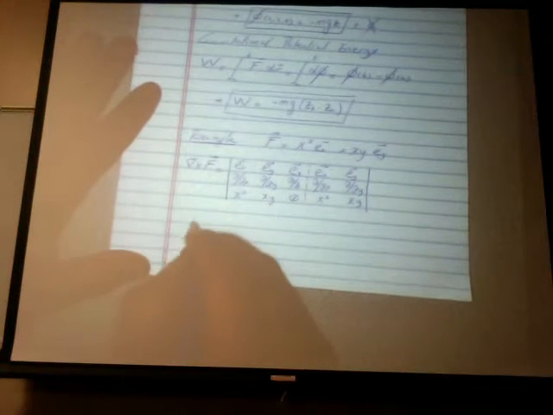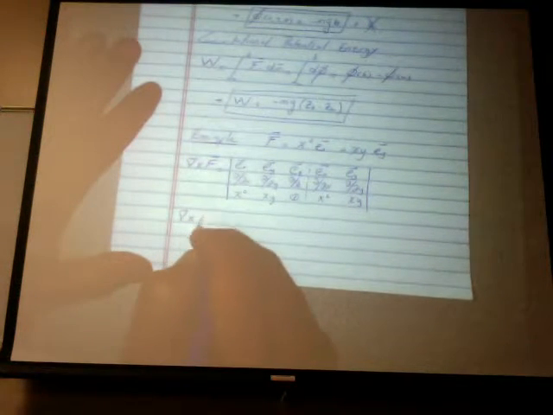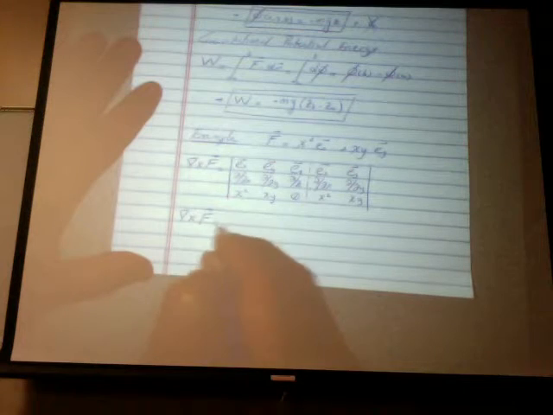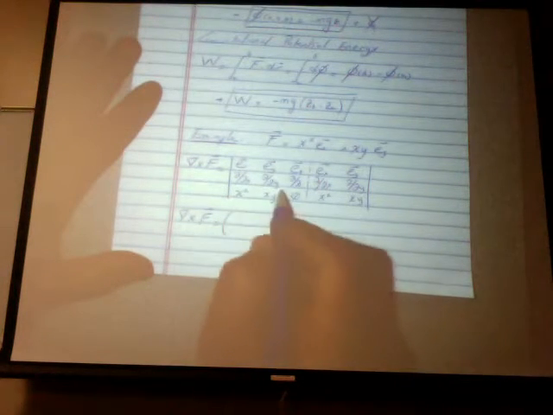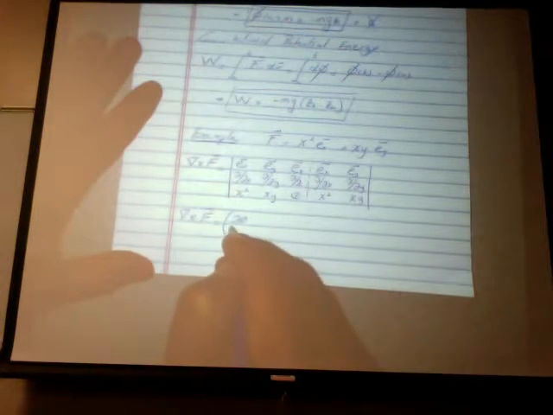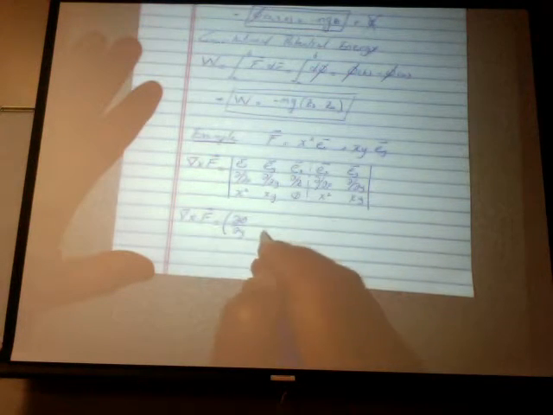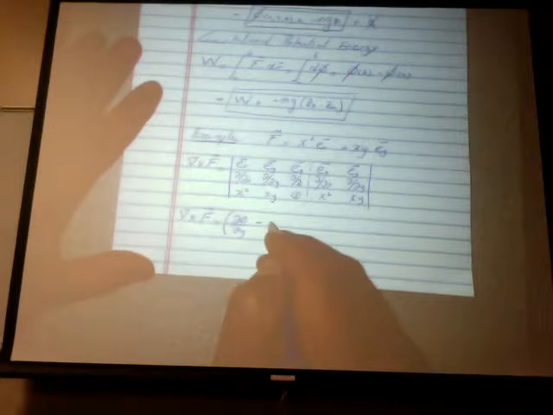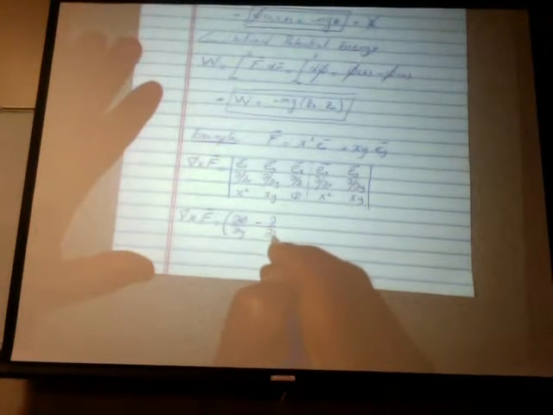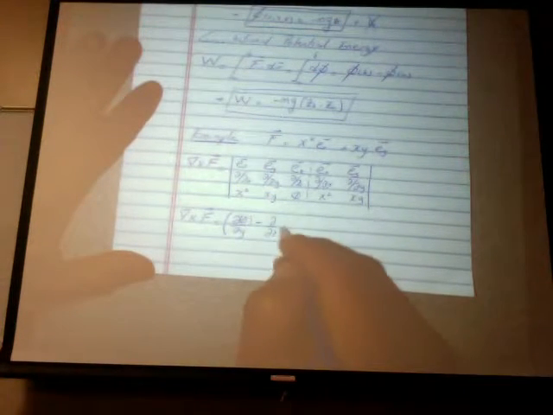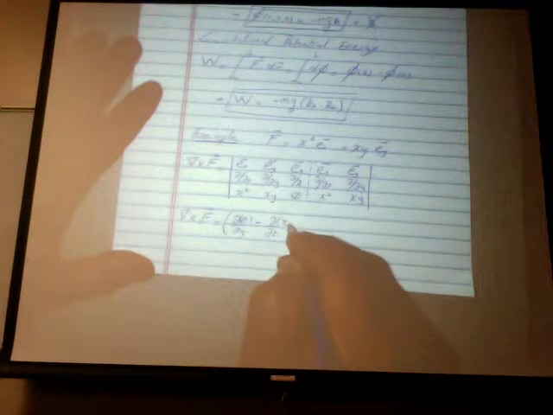So the curl of the vector field will be, in the x direction, d/dy of 0, and coming back, minus d/dz of xy.